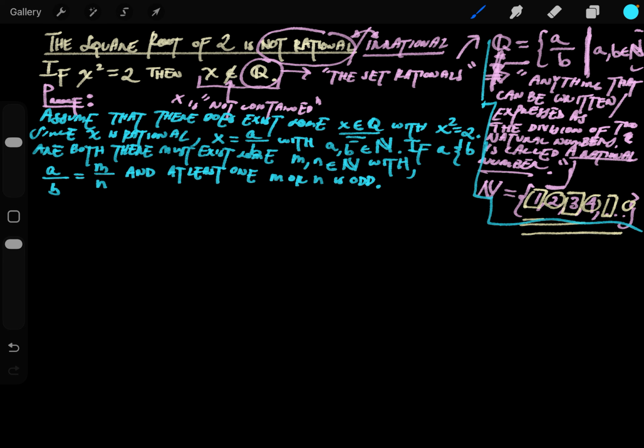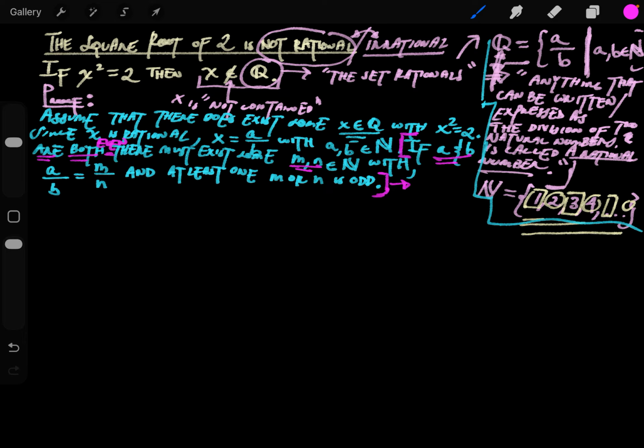Now we want to convince ourselves of this statement, so we want to see why this is true. Let's read it again and understand why it's true. It's important to understand why this one's true. So if a and b are both even, there must exist some other natural numbers m and n, with a over b equal to m over n, and at least one of m or n is odd.